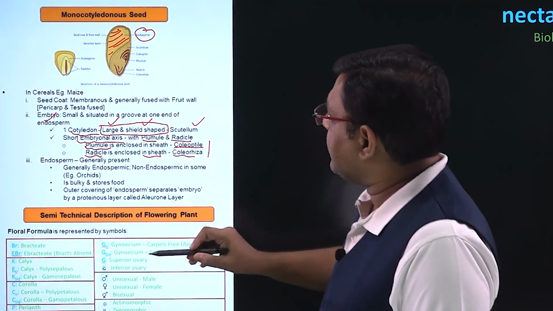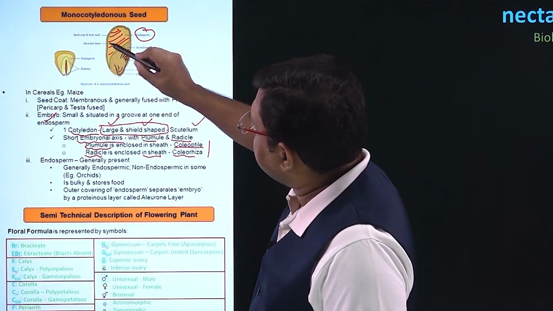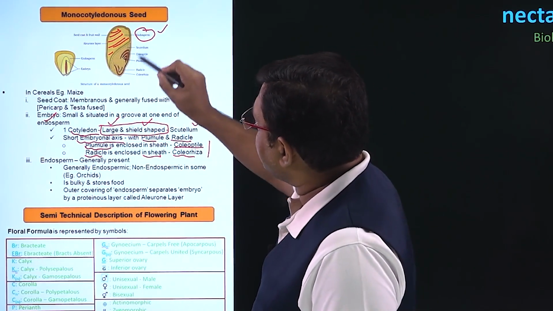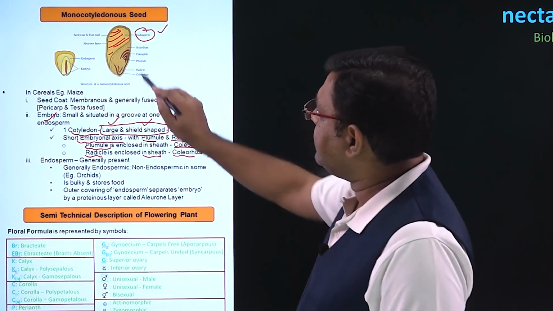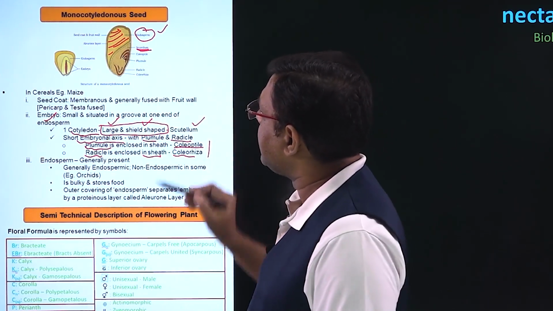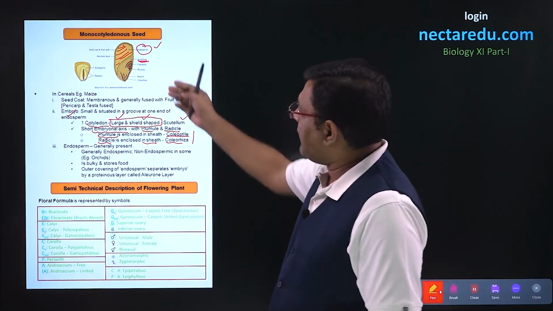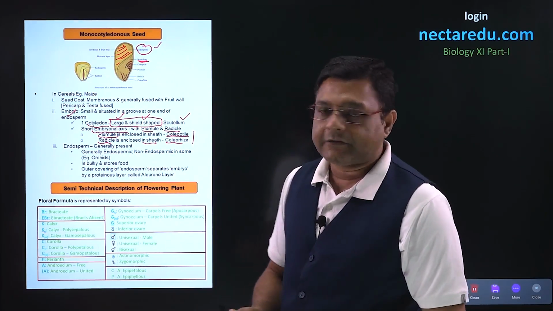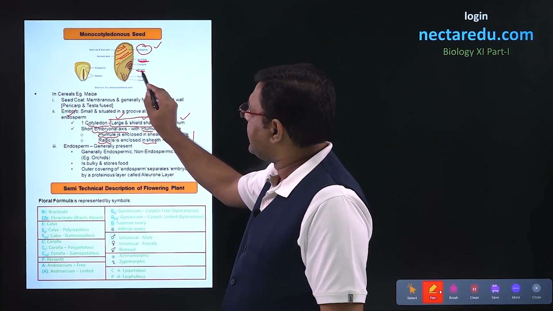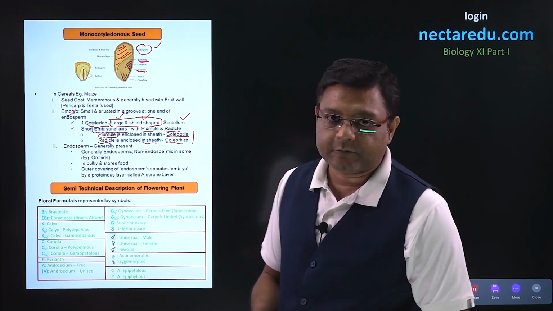In this particular diagram, as we saw, this whole part was the endosperm, the remaining part was the embryo, and in this embryo, this shield shaped cotyledon is the scutellum. After this, talking of the embryonal axis. In this embryonal axis, the part which will give rise to the stem was plumule.